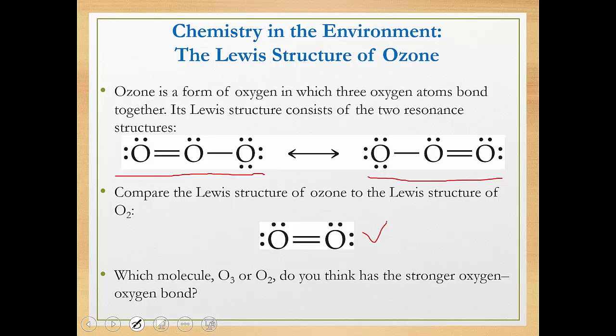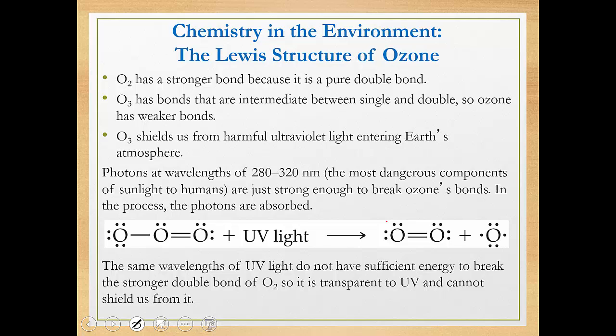Would you think it would be the one that has a double and a single, or the one that has just a double? Well, just the double bond is actually stronger because it's a pure double bond. We don't add the strength of the bonds, we average them. O3 has a bond that's intermediate between a single and a double. So if this is a strength of 2, this is like a strength of 1.5. It is a weaker bond.